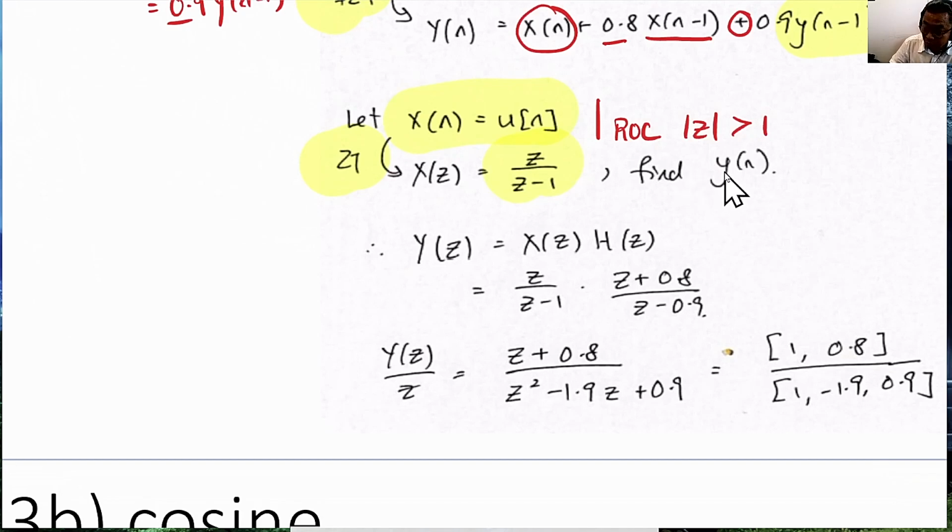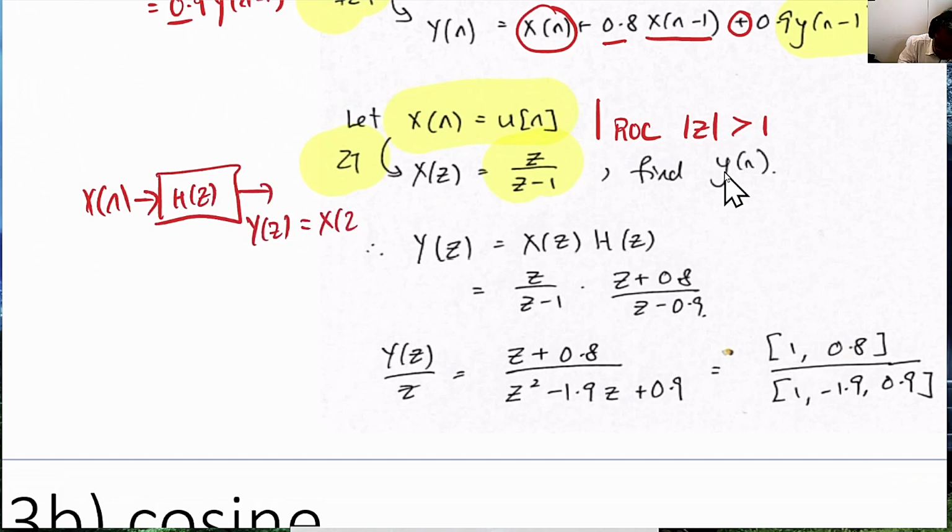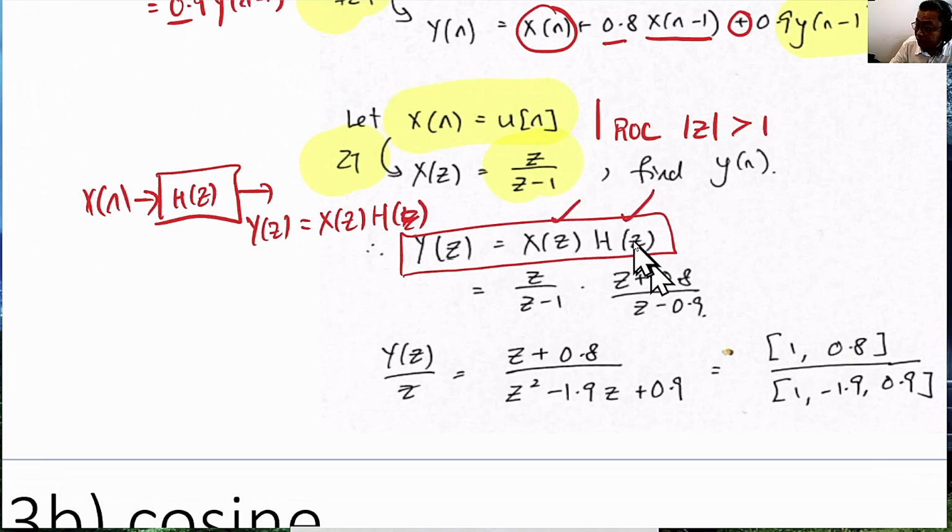Now, to find y[n], basically x[n] is being sent to this system H(z). So Y(z) equals X(z) times H(z). So we use this equation. We have H(z), we have X(z), and now we can multiply.